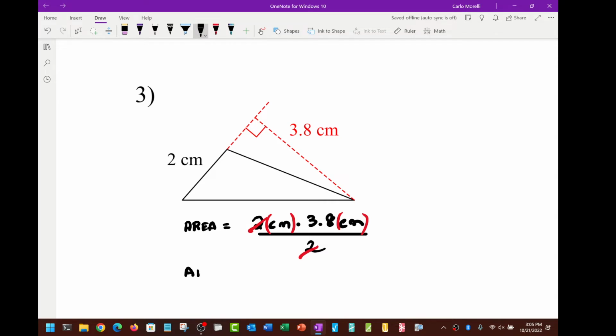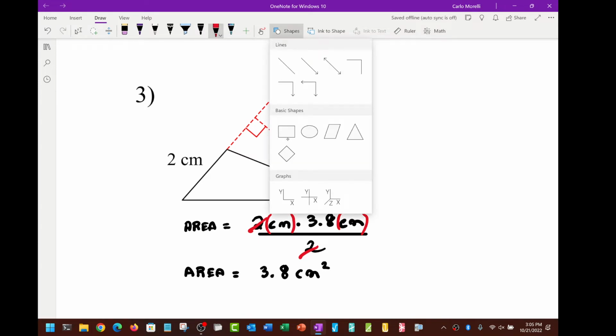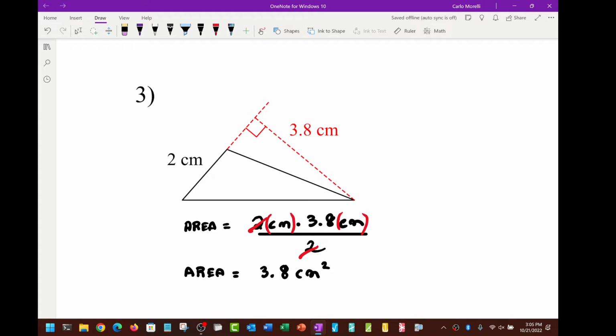So now the area is equal to 3.8 centimeters squared. And that's number 3.